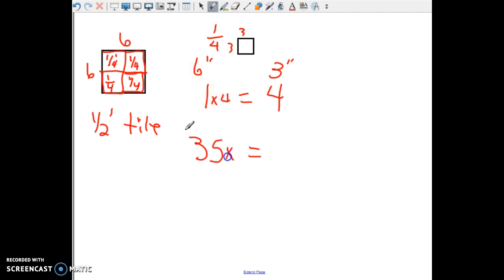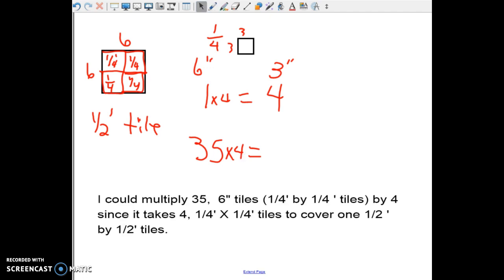So what am I going to have to do here? Multiply it by 4. Okay, so your written answer on number 4 is I could multiply 35 1/4 foot tiles by 4, since it takes 4 1/4 foot by 1/4 foot tiles to cover 1 1/2 foot by 1/2 foot tile.